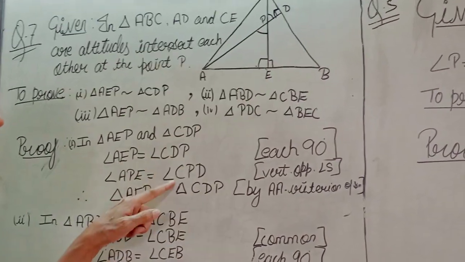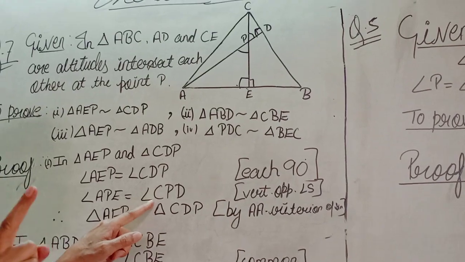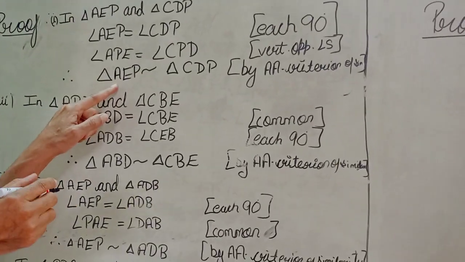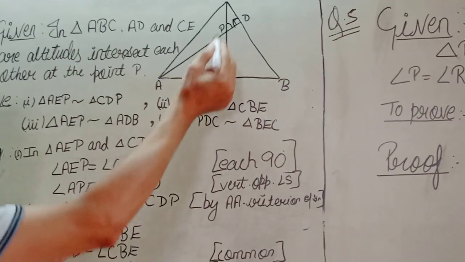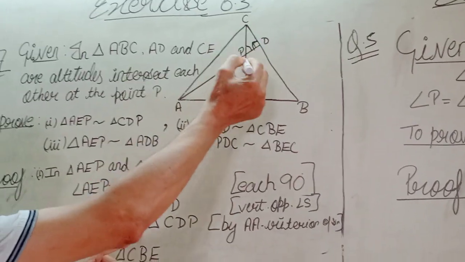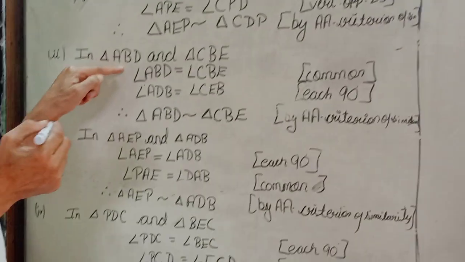They are vertically opposite angles. So in these two triangles we have two angles equal. Therefore by AA criterion of similarity we have triangle APE similar to triangle CPD.